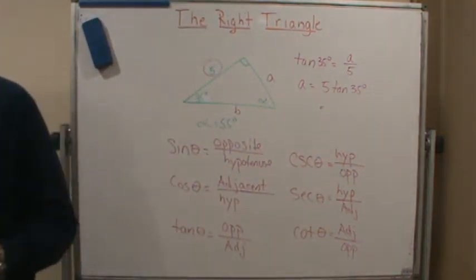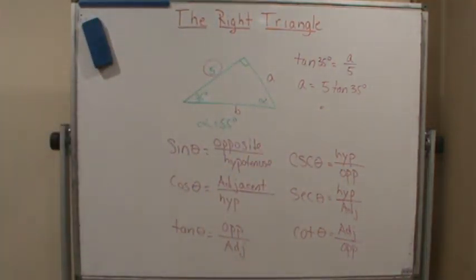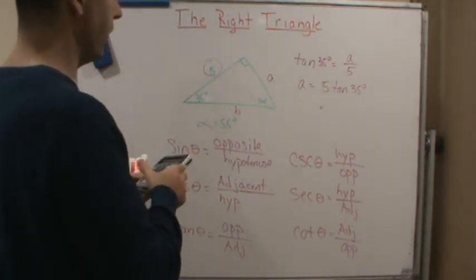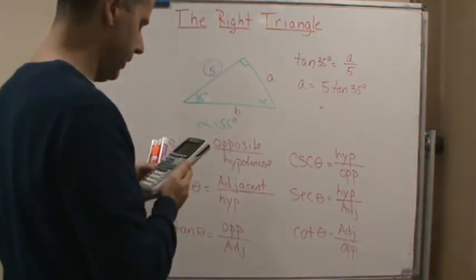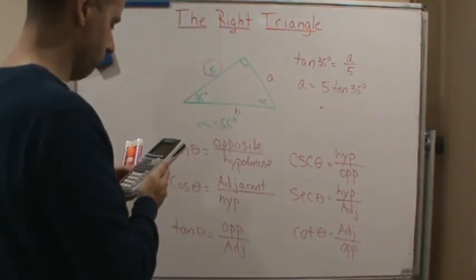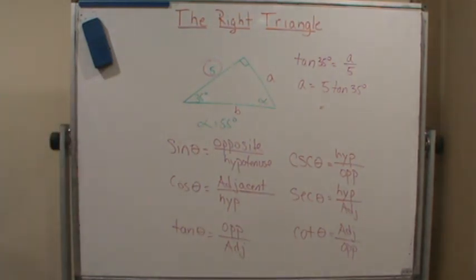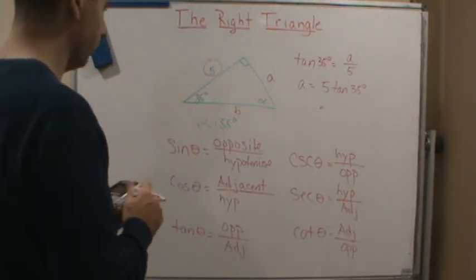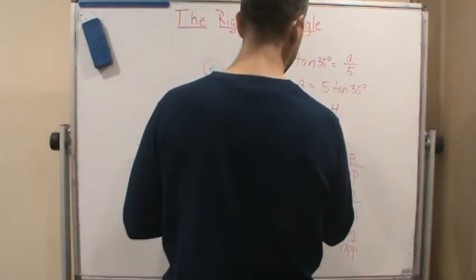And now I can just stick this in my calculator. So I can do 5 times tangent 35. And that gives me 3.501. So this is to the nearest degree, so I'm going to go to one significant digit, right? So this would be approximately 4. So A is approximately 4.